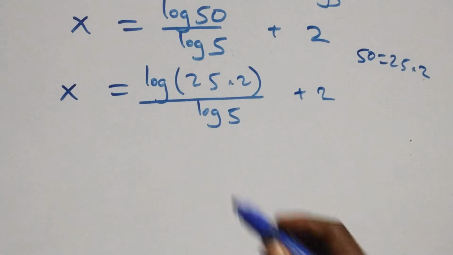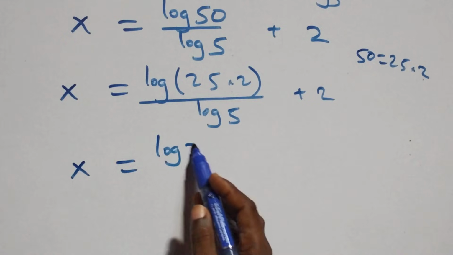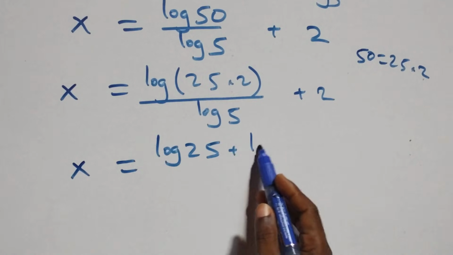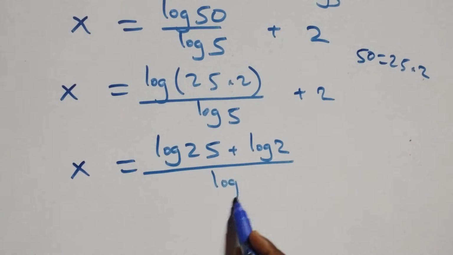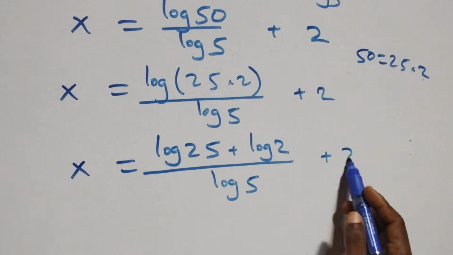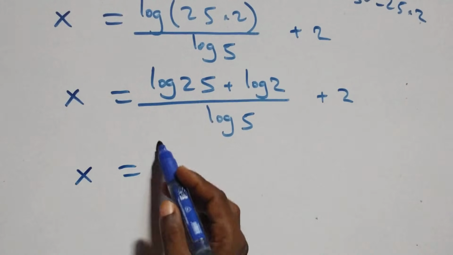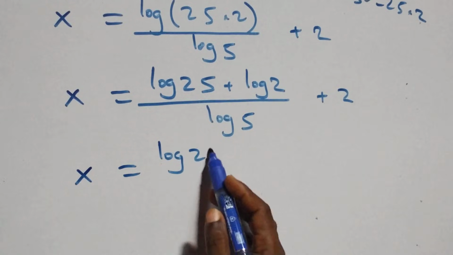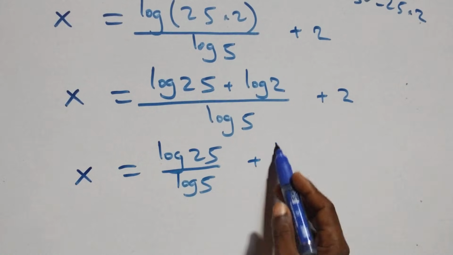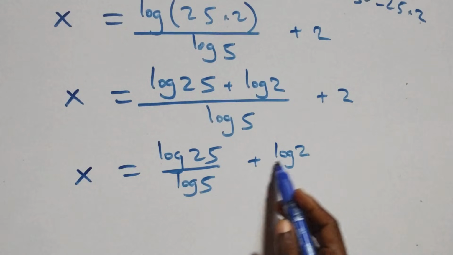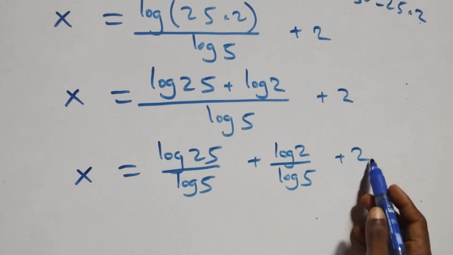Then this also follows the law of logarithm, and we have x equals log 25 plus log 2 over log 5 plus 2. We separate this into two fractions. We have x equals log 25 over log 5 plus log 2 over log 5 plus 2.